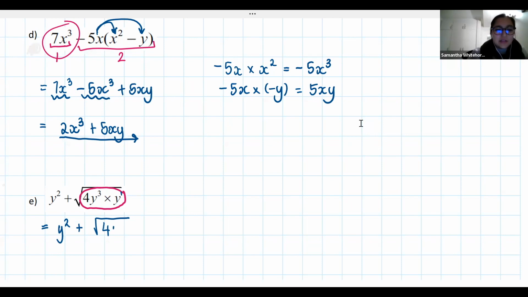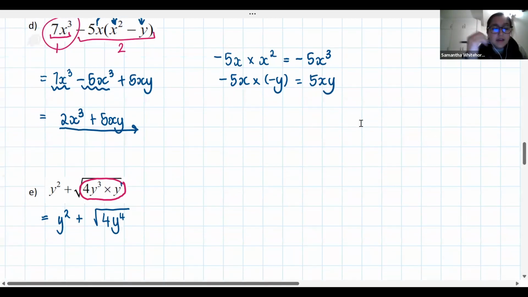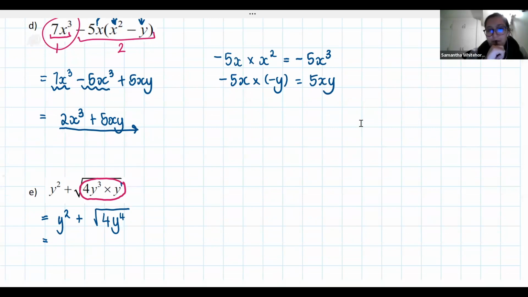Good. That gave me 4y to the power of 4. Excellent. Well done. Okay. Then? So, because they are not like terms, ma'am, you're going to say y to the power of 2 plus 4y to the power of 4. And what about the square root?